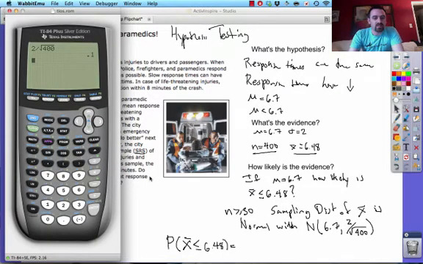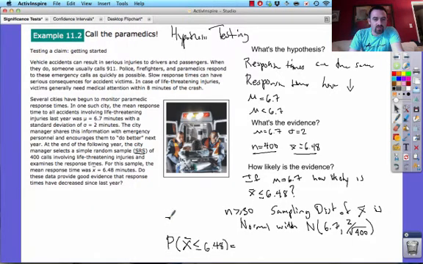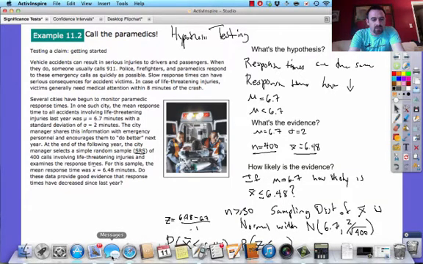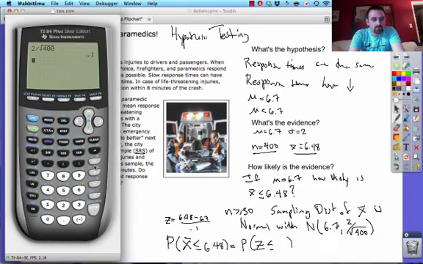So if we want to find this, we're going to create a z-score. So z is going to be equal to x bar, the number of interest, minus the mean of the sampling distribution, divided by the standard deviation of the sampling distribution. So z has to be less than or equal to 6.48 minus 6.7 divided by 0.1.